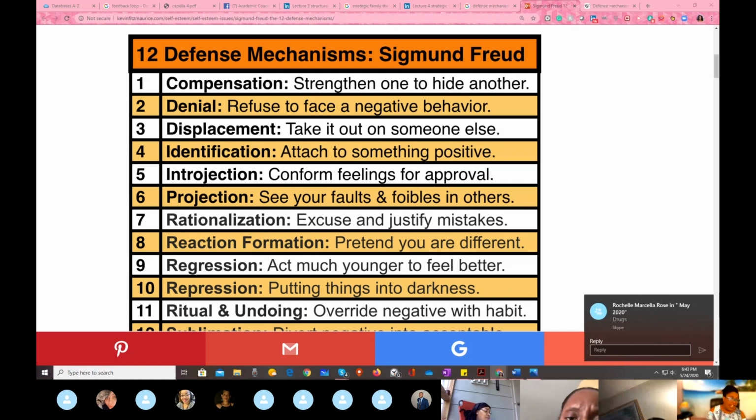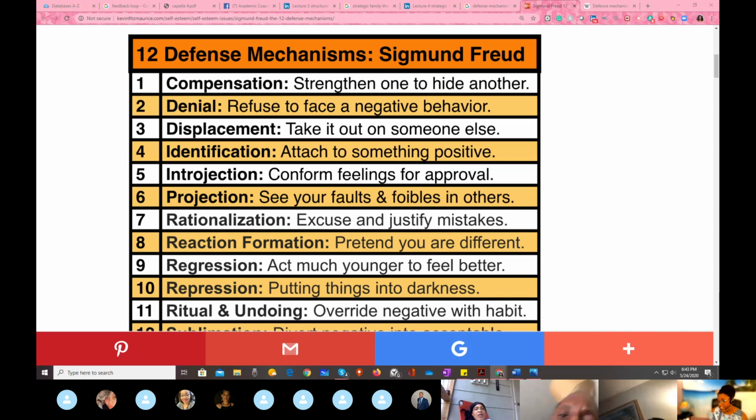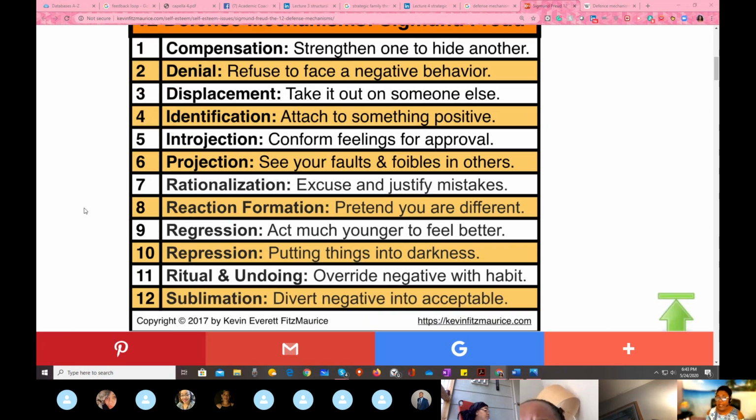So if you see denial on the test, I'm going to look for other things first, unless I see substance abuse there, because that is the biggest issue with substance abuse. It's denial. Now, that's not the only time you'll see it. I'm not going to tell you that. But definitely, if I see denial, I'm going to make sure it's the correct defense mechanism, unless the question talks about someone who's using.